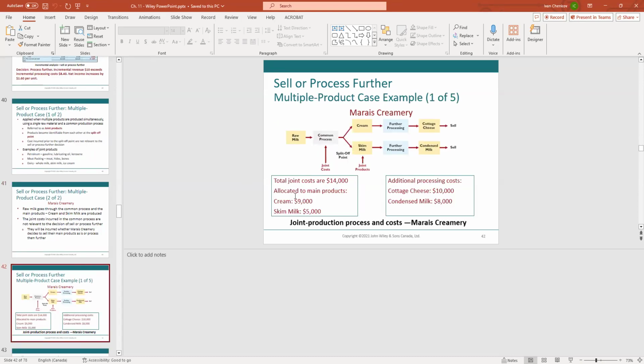Total joint costs are 14,000. We already said that's irrelevant. Forget about it. Allocated to the main products, 9,000 and 5,000. Additional processing cost, in order to produce cheese: cottage cheese 10,000, condensed milk 8,000.